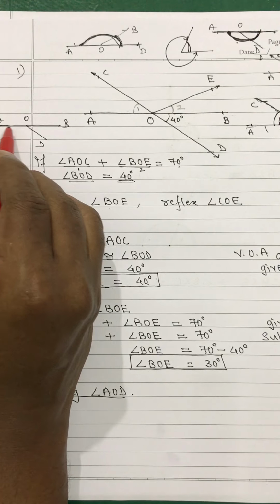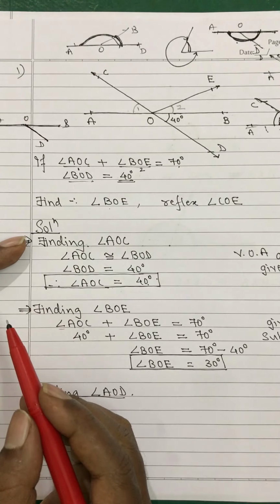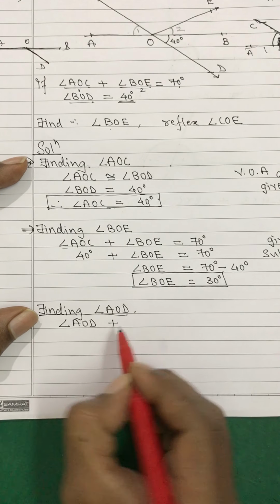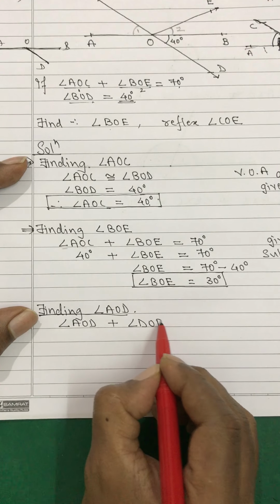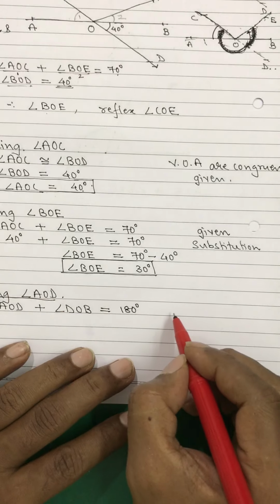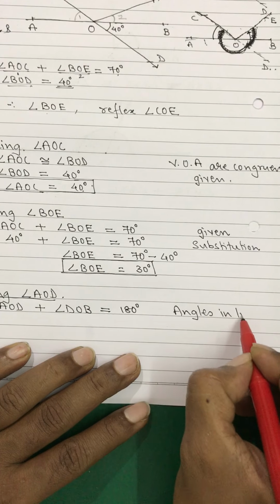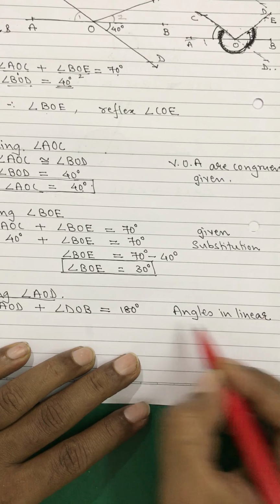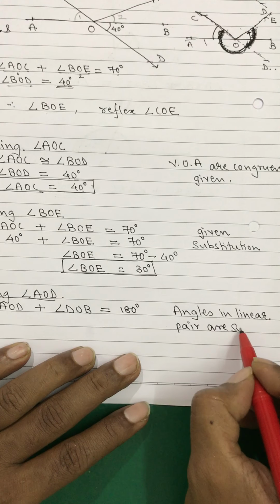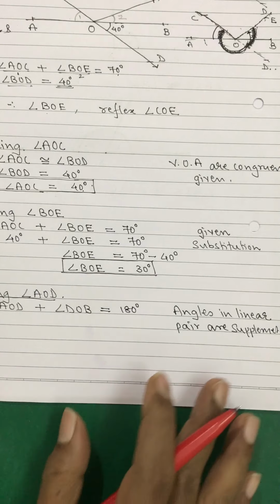A, O, D, B. Angle AOD plus angle DOB is equal to 180 degrees, because angles in linear pair are supplementary. Supplementary means the sum will be 180 degrees.